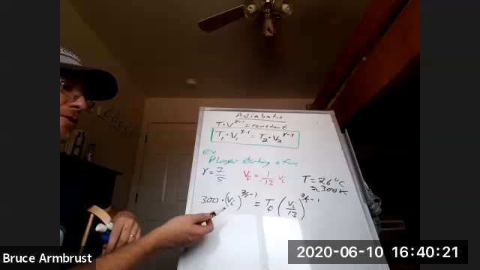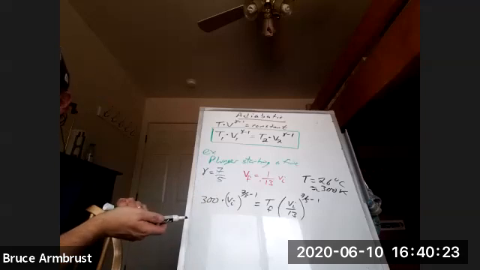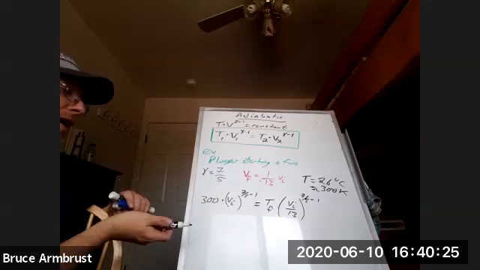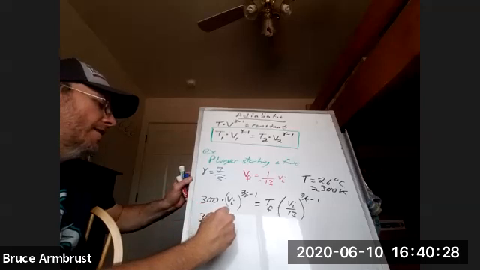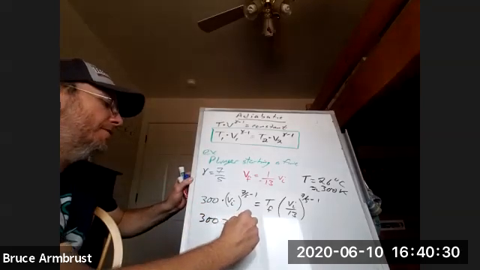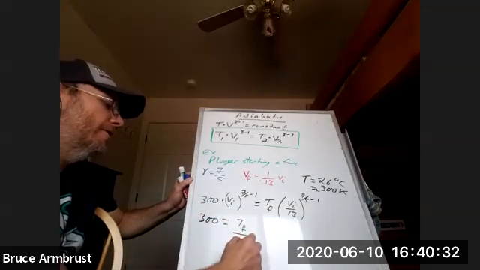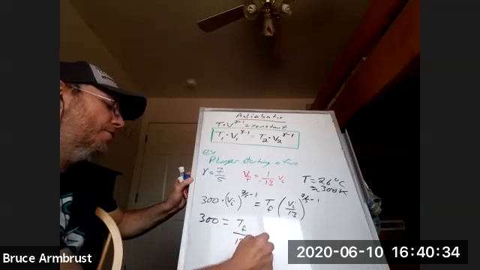I don't know if you noticed this, but those initial volumes don't matter. They're going to go away. So we've got 300 is equal to T final over 13 to the 0.4.